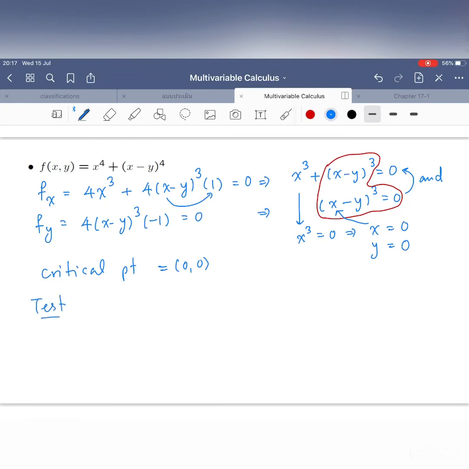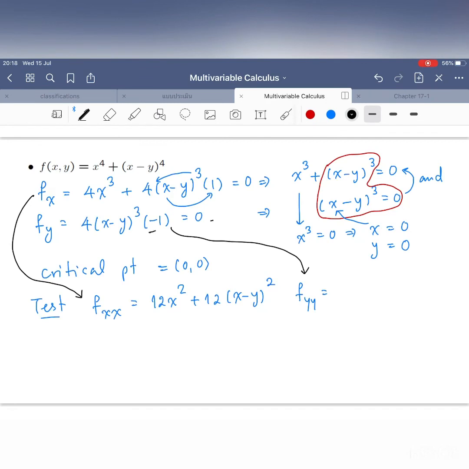So for the test, you need to find f sub xx. Don't forget that you need to look at it from the one without any factorization or any simplification. So your f sub xx is 12 times (x minus y) squared, right? You just move it here, and then the derivative of the inside, of course, is 1. Another same direction, f sub yy, you need to look at it from this one, which is negative as well.